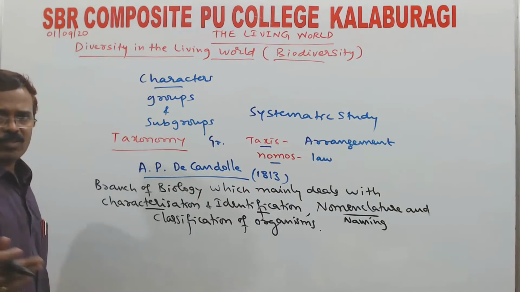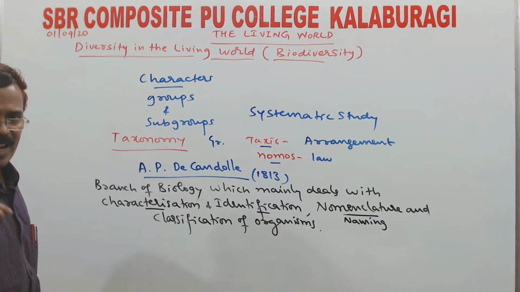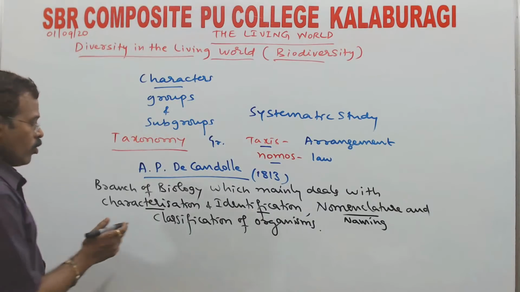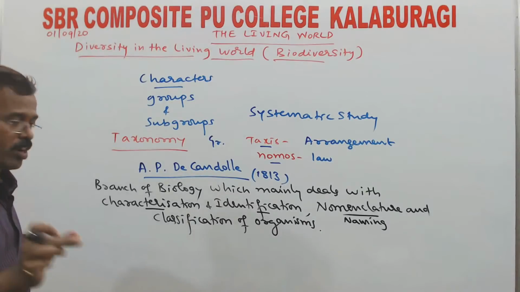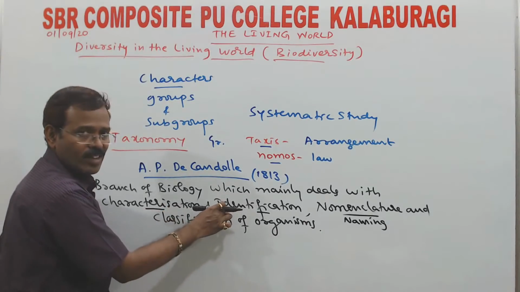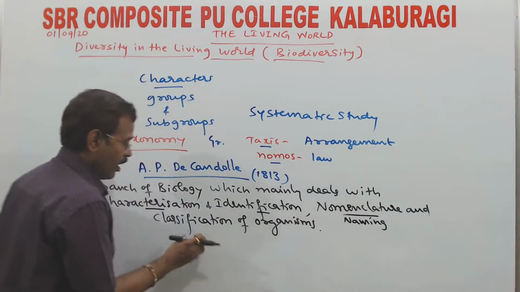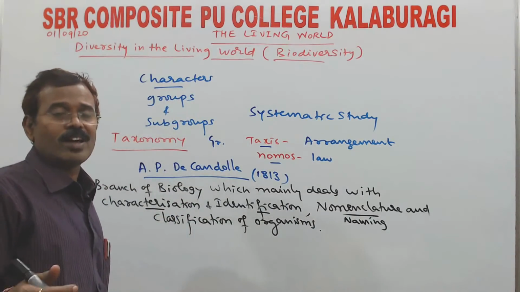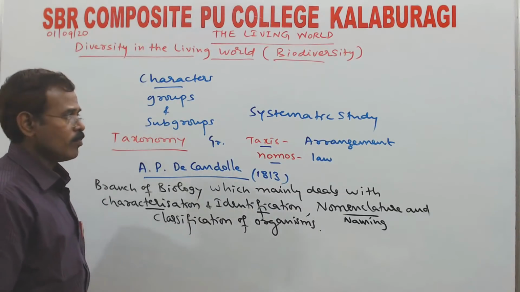The basic elements of taxonomy are: one, characterization and identification; another, naming, that is nomenclature; and another, classification. So these are the basic elements of taxonomy.